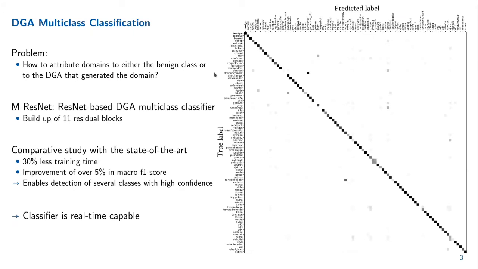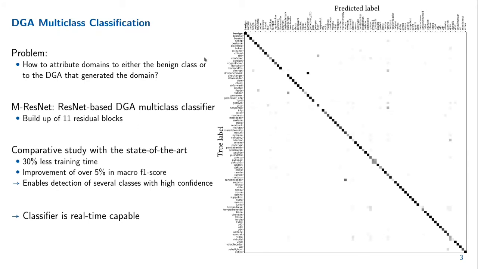And we did also a comparative study of the state-of-the-art and could show that our classifier requires 30% less training time, and we could also improve the performance of the state-of-the-art by over 5% in macro F1 score, which means that even though it seems to be a rather low improvement, a macro F1 score increase of 5% states that we can detect several classes with very high confidence that the other state-of-the-art classifiers cannot detect.